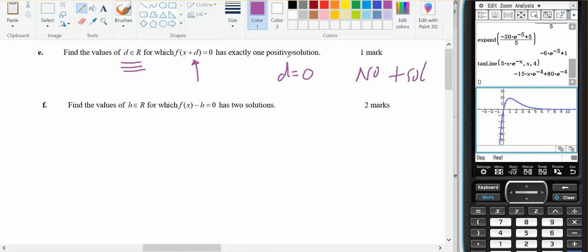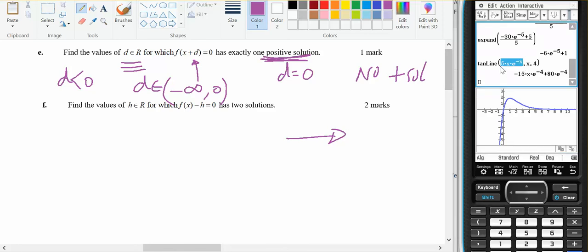Therefore, for there to be a positive solution, this graph's got to go that way, which means d's got to be negative, so d's got to be less than 0, or d is an element of minus infinity up to 0, but not inclusive.